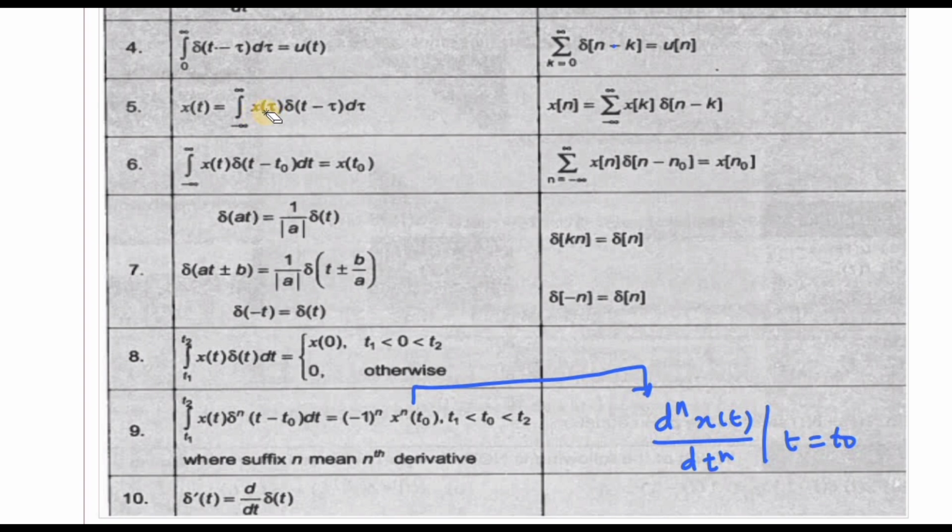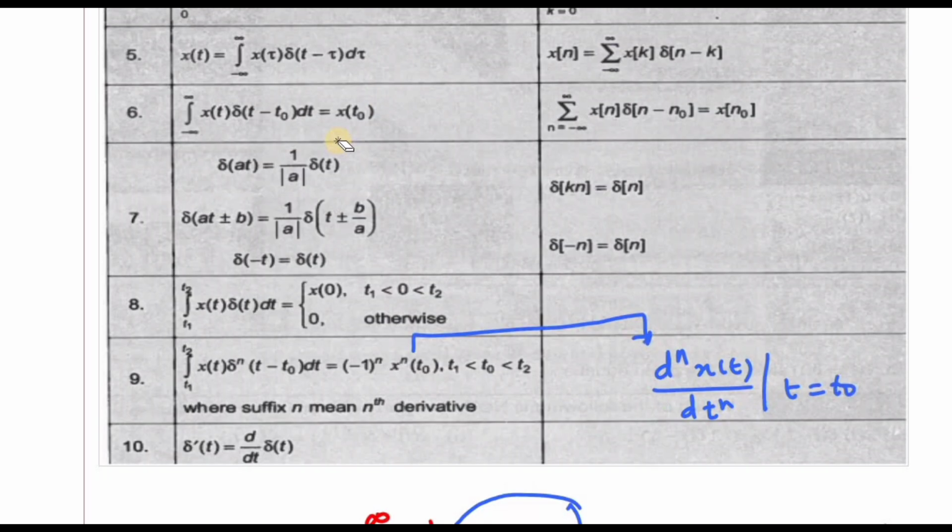Instead of x of tau, I substitute x of t, so it becomes x of t. This tau value is ranging from minus infinity to infinity, so t also is within this range.